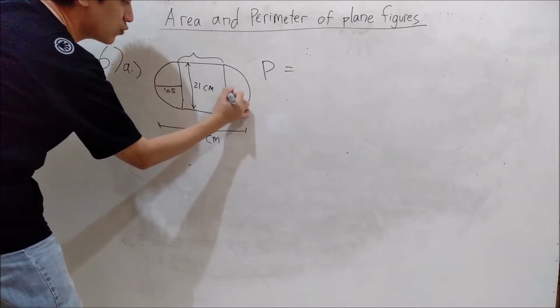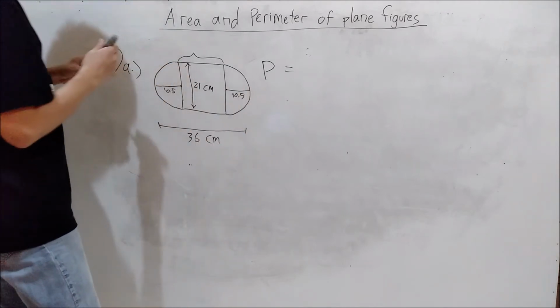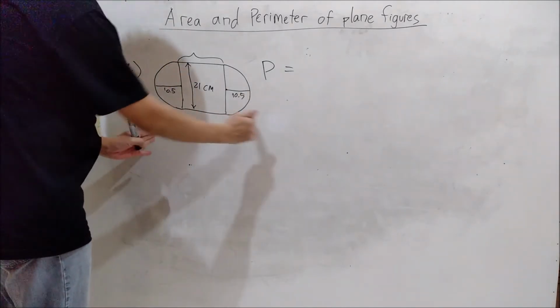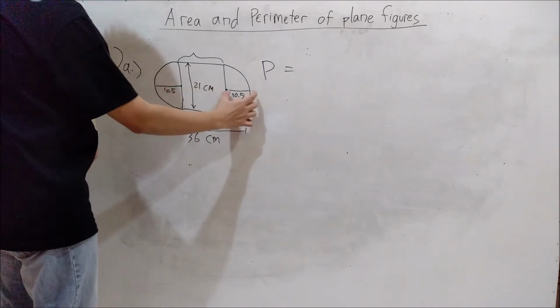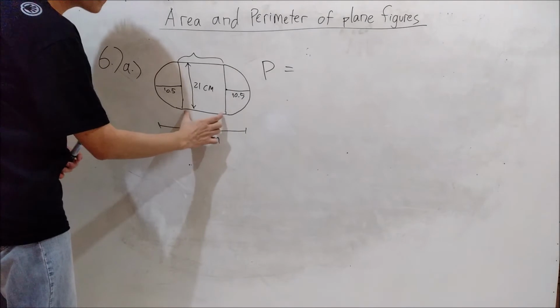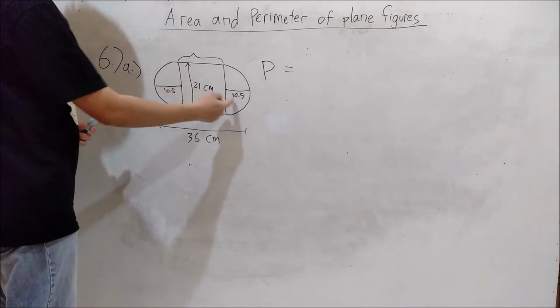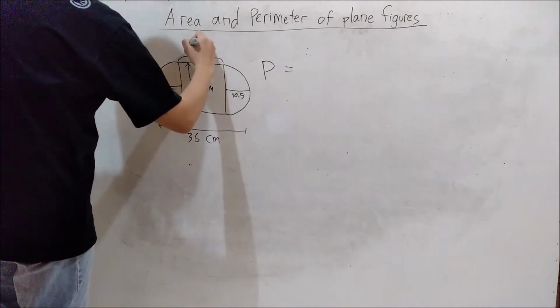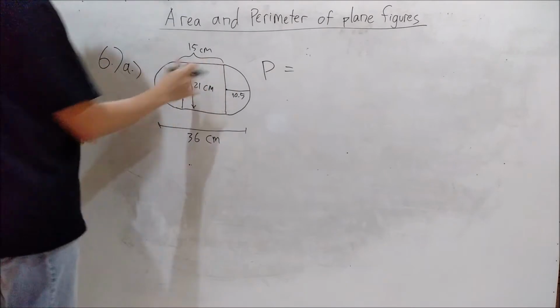It is the same with the other semicircle, 10.5. Since we know that from the left to the right side is 36 and each radius of the semicircle is 10.5, it leaves us 15 in the middle. 36 minus 10.5 minus 10.5, we will have 15 centimeter for the length.